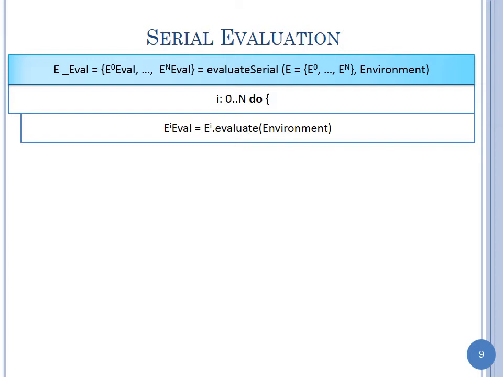And that means we went through a loop and evaluated each element of a list of expressions in the order in which they appear in the list. Okay, and that was safe, because if the expression evaluation had side effects, then we knew in what order those side effects had to occur. So that was well defined.